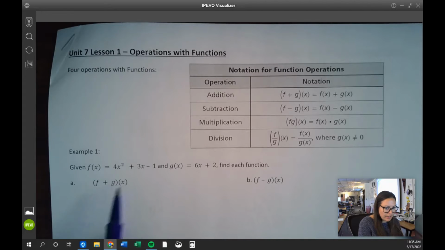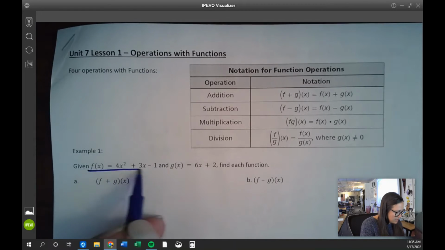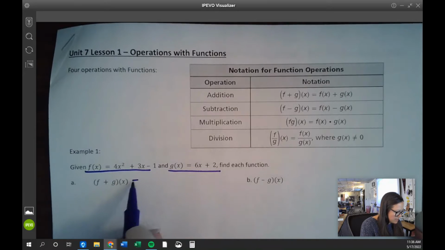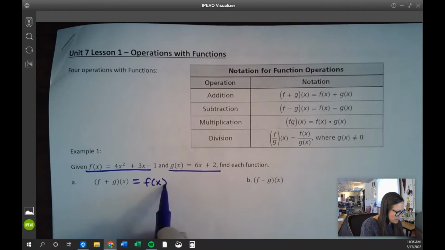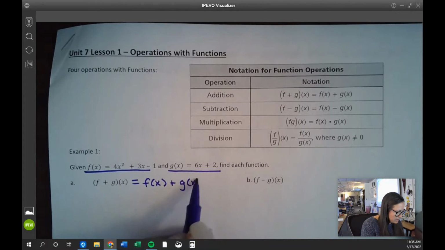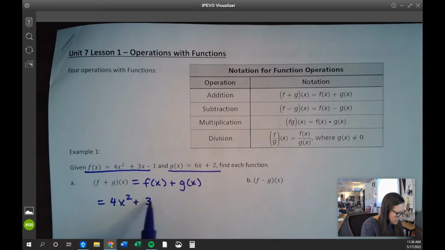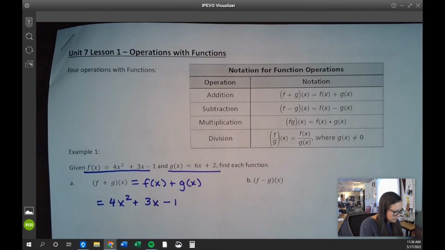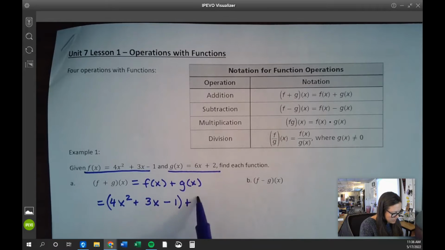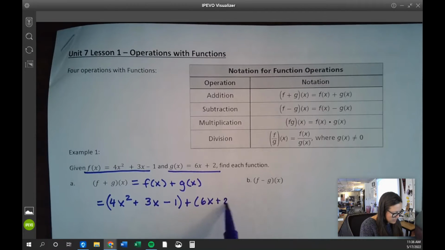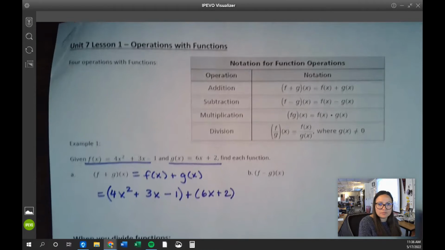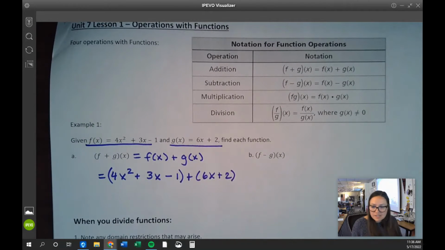f plus g of x: this is f of x, and this is g of x. This is going to be f of x plus g of x. So what is f of x? f of x is this whole thing here. Now this is just like what we've done a bunch of times before.